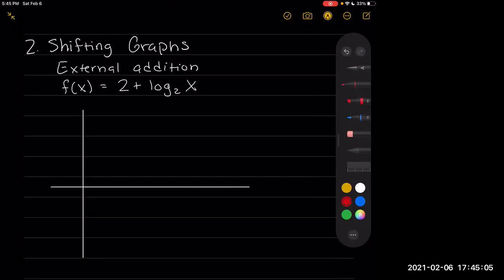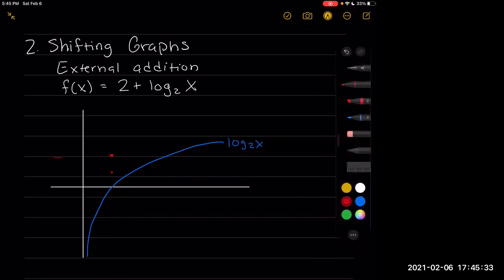So let's start with our original graph here. This is our log 2 of x. And so since we are adding 2, that means we're going to shift everything up by 2. And I tend to look at the point here. Shift it 1, shift it 2. So this is kind of our new x-axis.